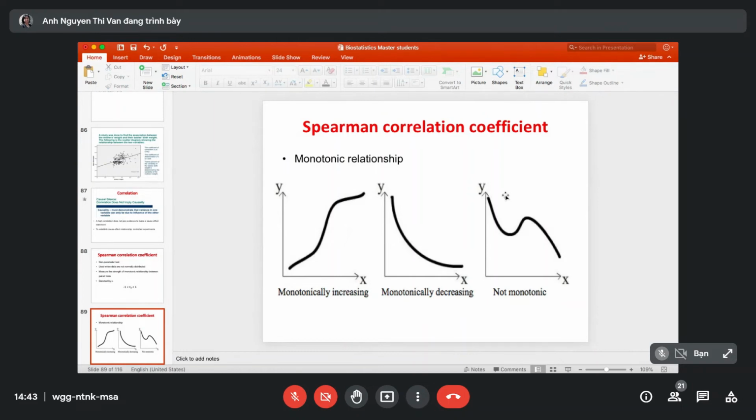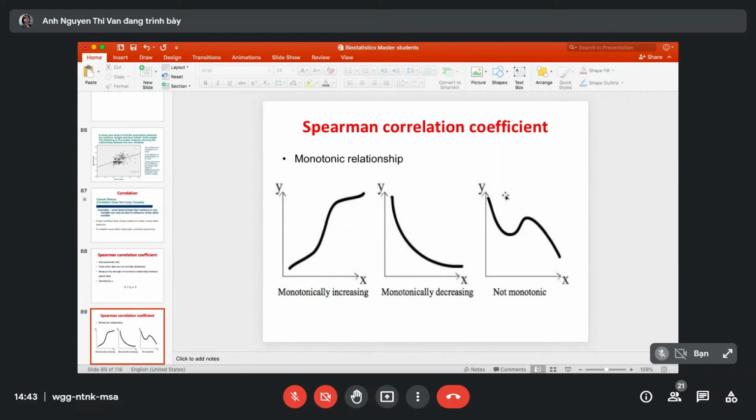It's not linear, we are not sure. We don't have enough evidence for the linear. But if you apply the Pearson correlation, you can say about the linear. You see the difference. That's why the Pearson correlation test is more powerful. The parametric test is more powerful than the non-parametric test.